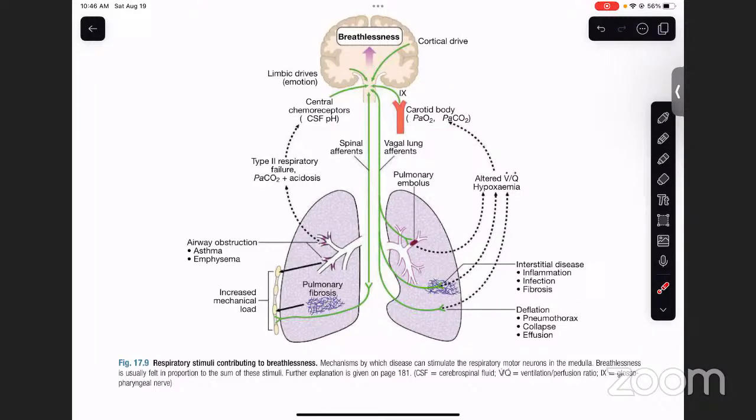You need to know that if there is increased PaCO2, it has more effect on the central chemoreceptor. If there is hypoxia, like reduced PaO2, there will be more stimulation of the carotid body. So these are the respiratory stimuli.